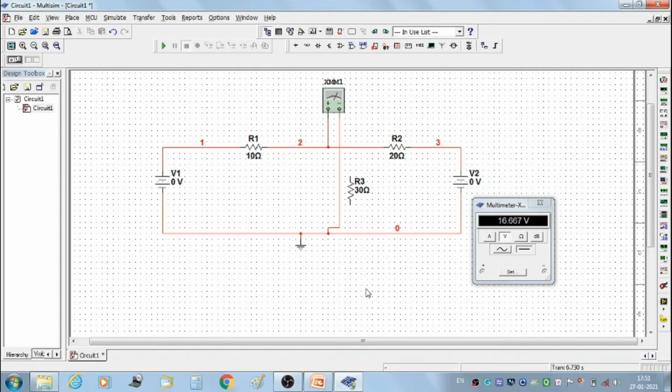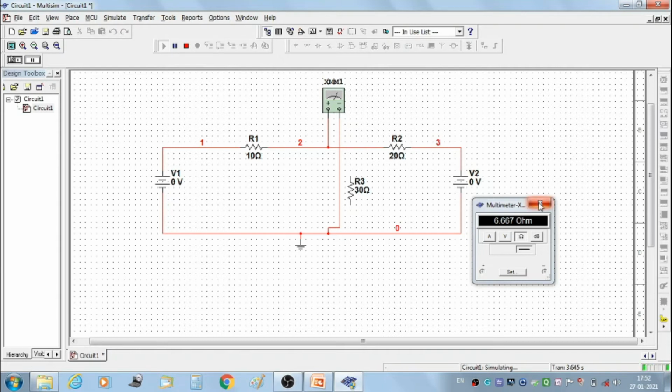Here we are interested in measuring the Thevenin's resistance when source voltages are inactive in the given circuit. Set the multimeter in the ohm range, then run the simulation. We get our Thevenin's equivalent resistance as 6.667 ohm.